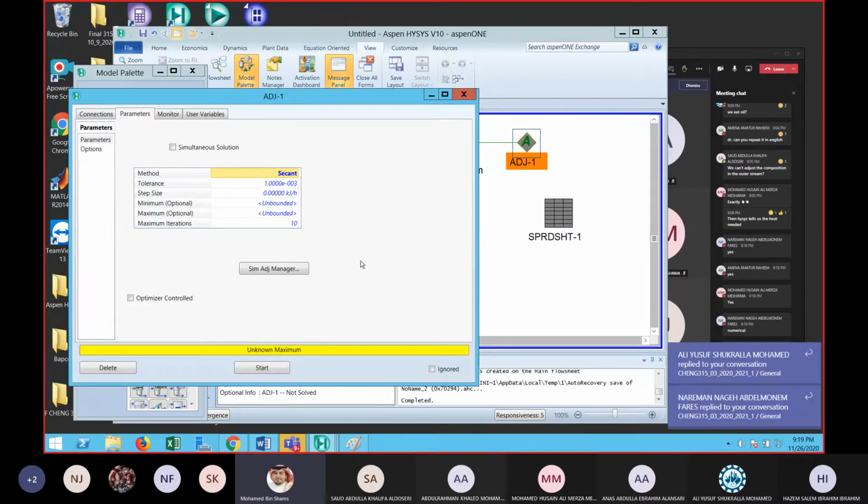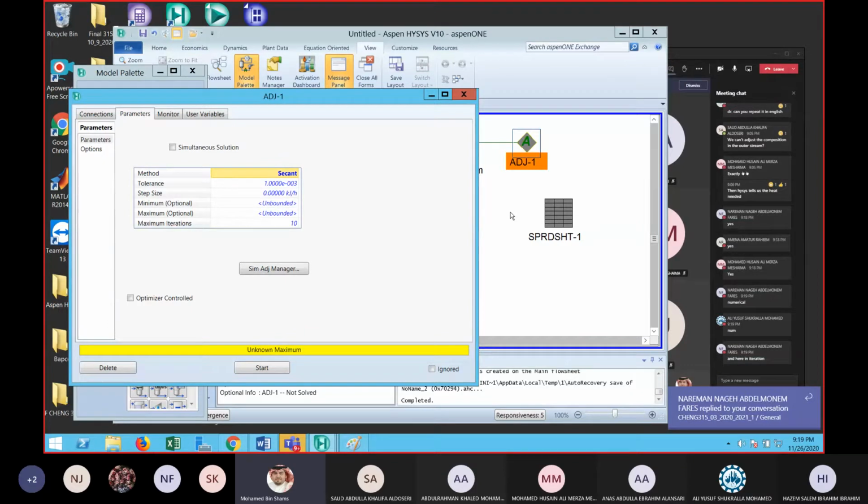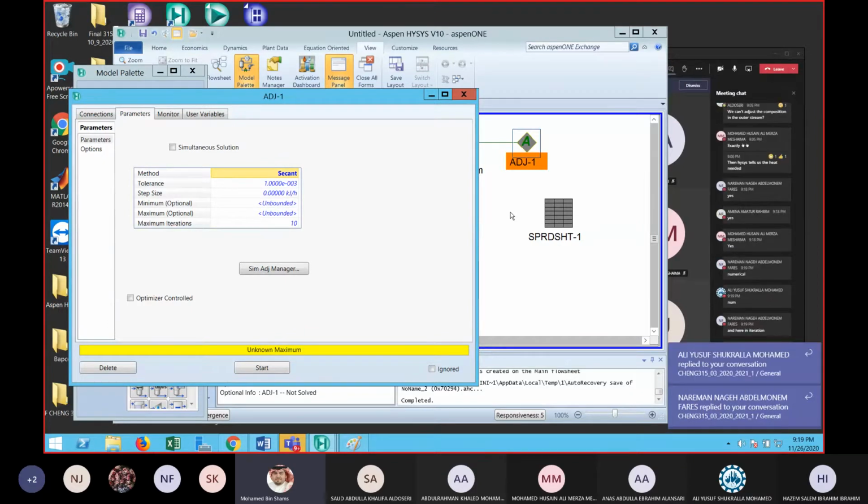So anyone can guess what this guy will try to do? He will try to do iteration. Most likely, can you tell me the problem that he's trying to solve? Yes, Ali Shakrallah. That's the answer that I'm looking for. So what I have just explained in words is a root finding problem that HYSYS is going to solve. And HYSYS is going to use the secant method to do that.